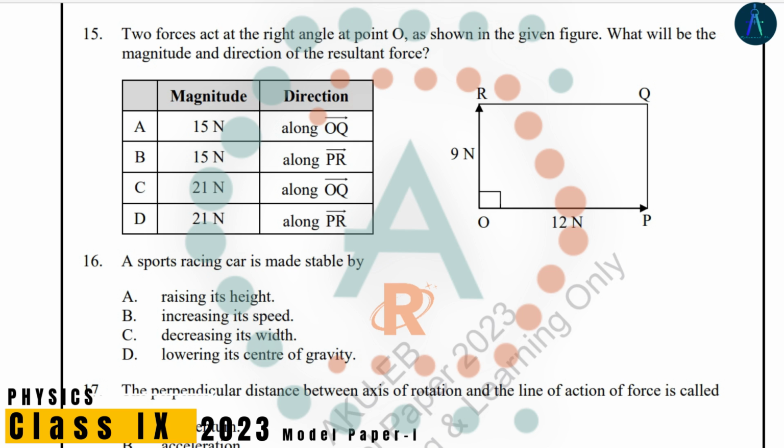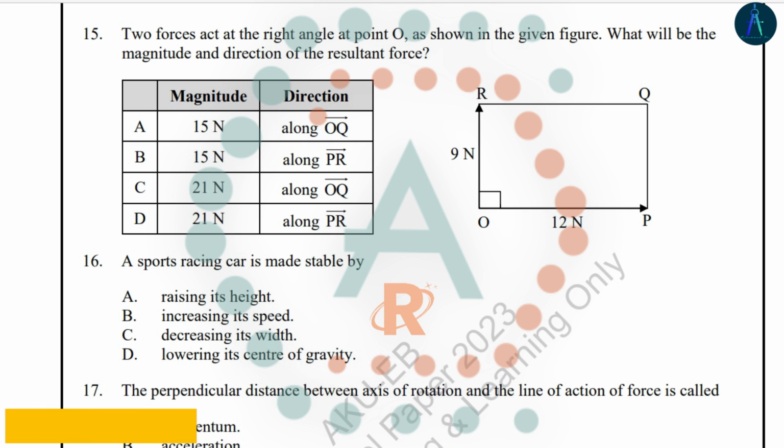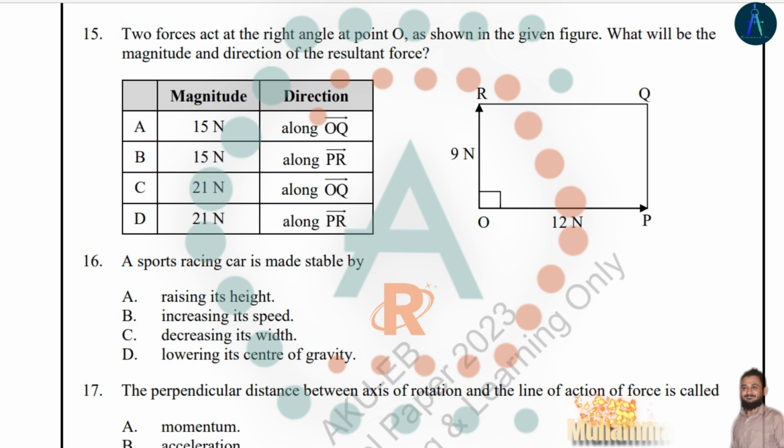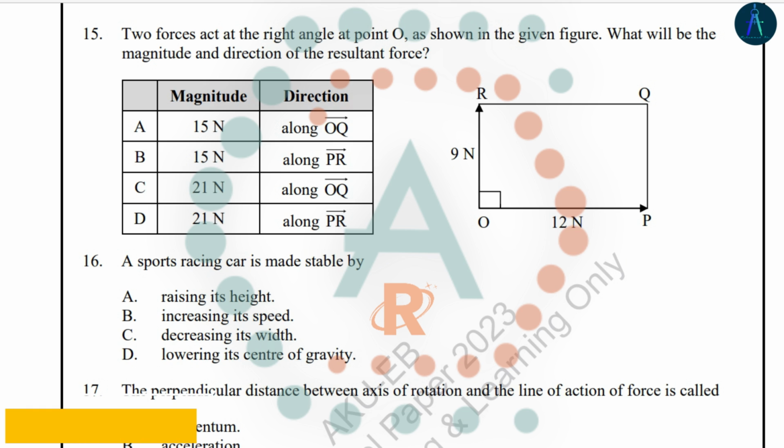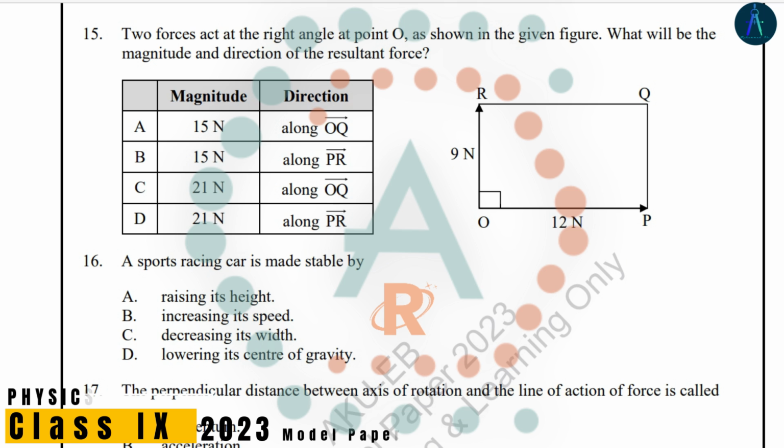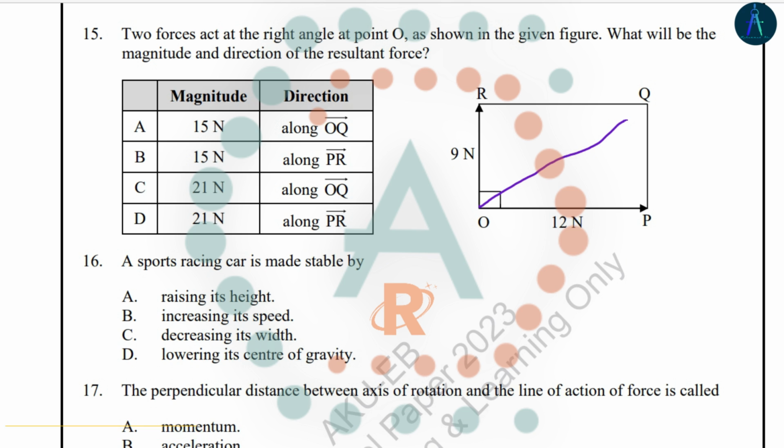Two forces act at a right angle at a point O, and what will be the magnitude and direction of the resultant force? We know that if two vectors are joined tail to tail, then the resultant of these two vectors will be from the center of these two vectors.